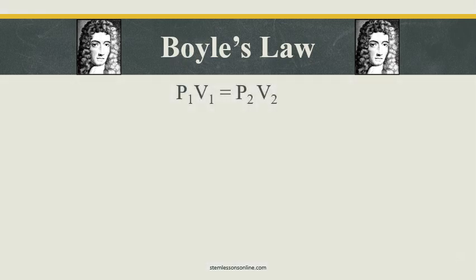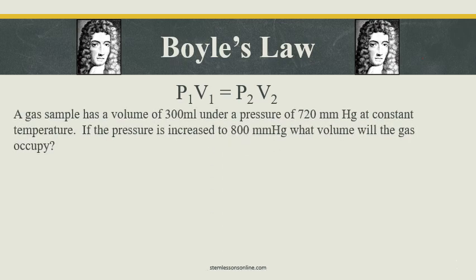So let us try a quick example here, a review. Here it is given the volume is 300 milliliter under a pressure of 720 millimeter mercury at constant temperature. If the pressure is increased to 800 millimeter mercury, what volume will the gas occupy? Here I can see there are two pressure values given.